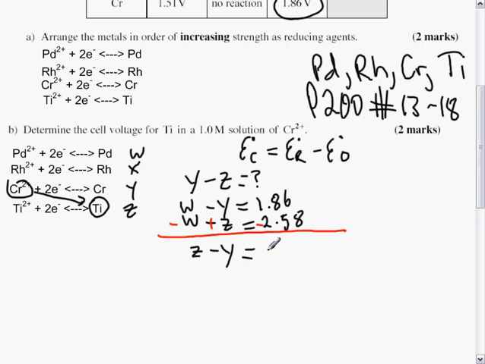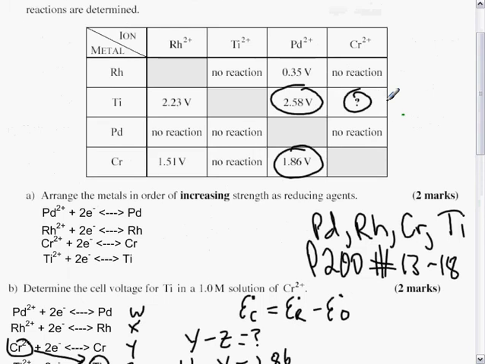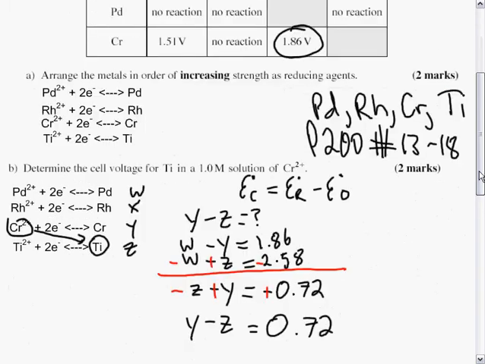That would be minus 0.72. We actually want Y minus Z in terms of our value, so we again multiply everything by -1, giving minus Z plus Y equals plus 0.72, leaving us with a final answer of Y minus Z is equal to 0.72. So the value of this voltage would be 0.72 as our final answer.